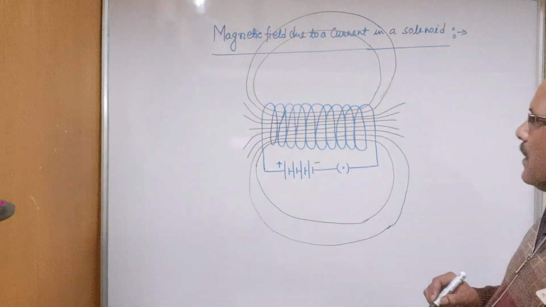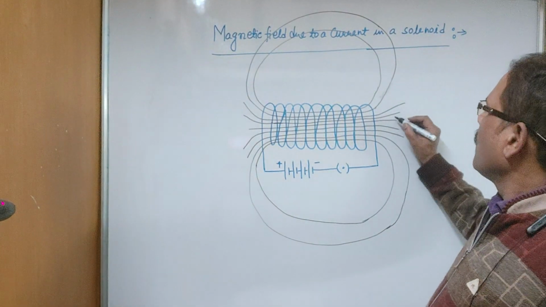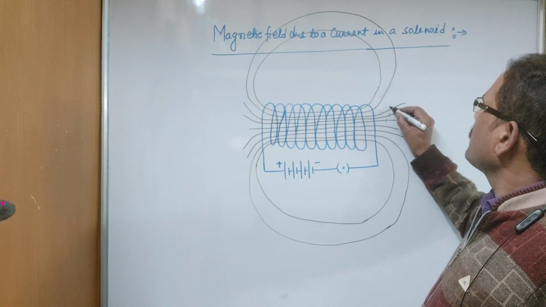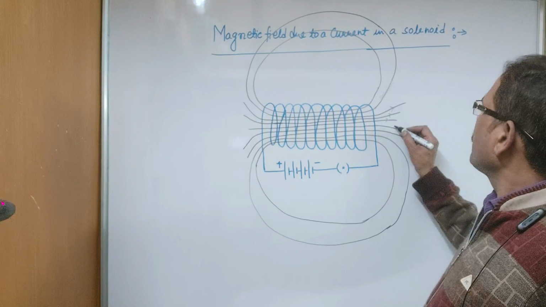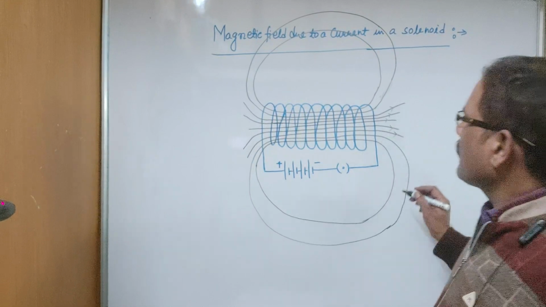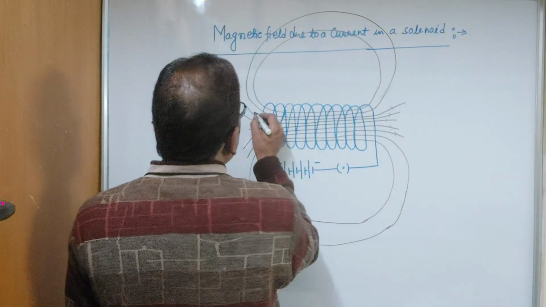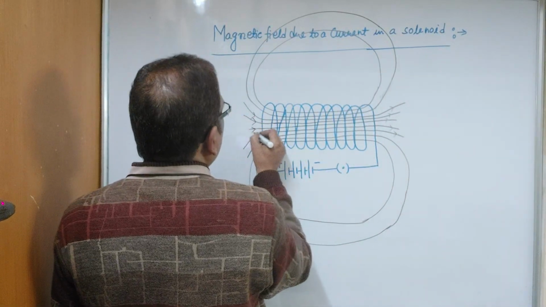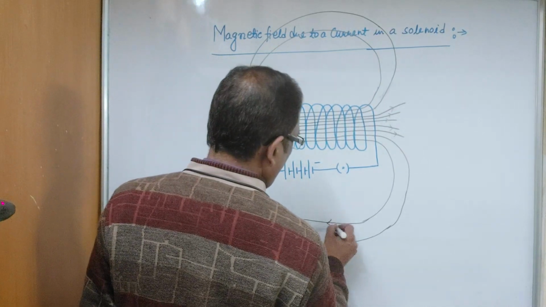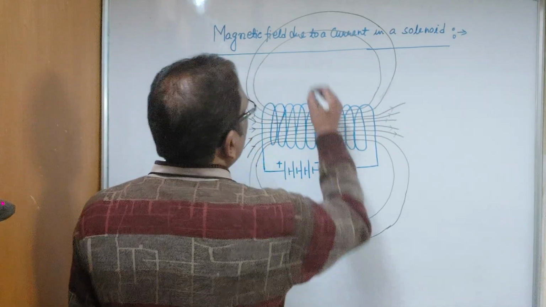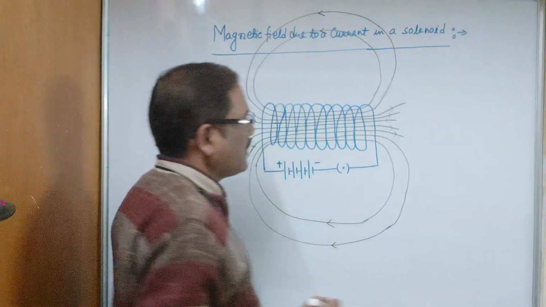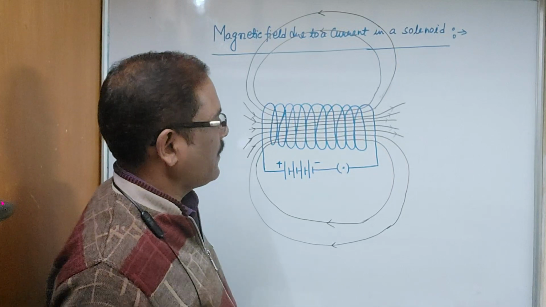As I have discussed earlier, the magnetic field lines always move from north to south. So the arrow indicates the direction of the magnetic field line.